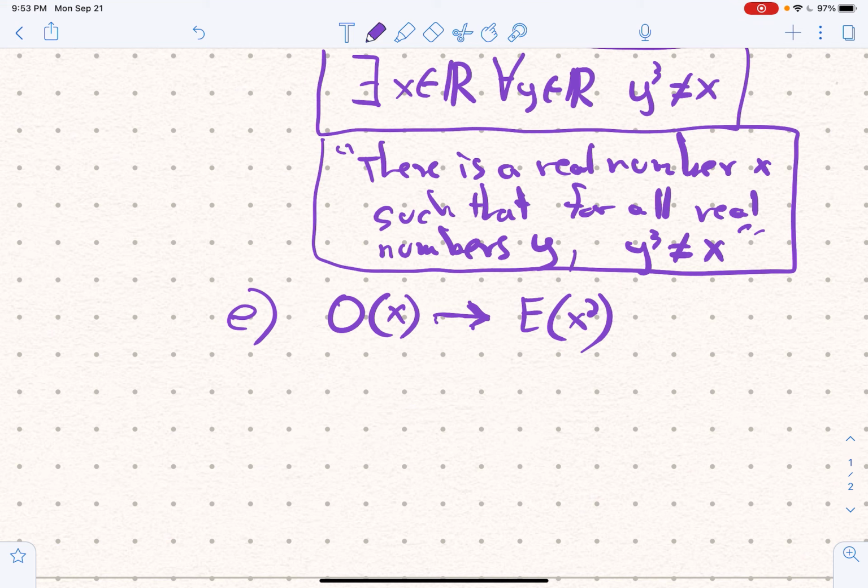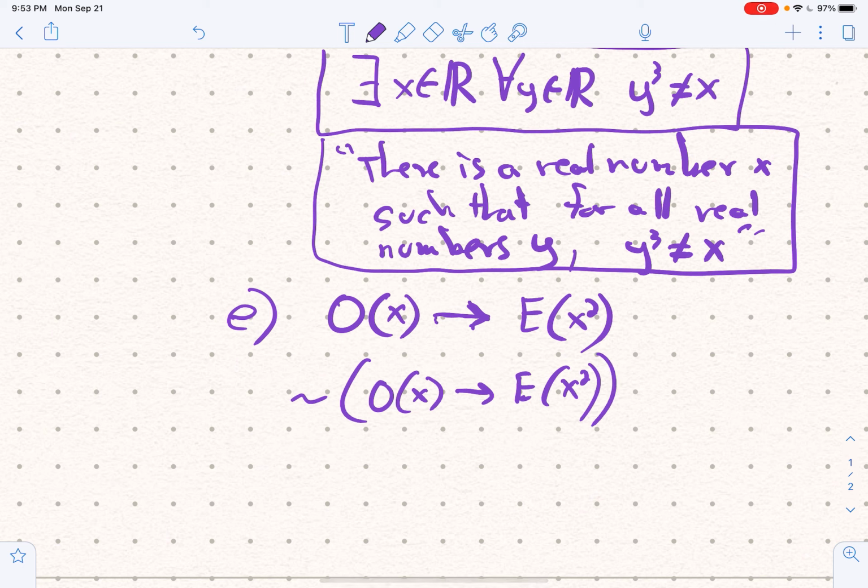Okay, so let's think about what we get if we negate this. If O of x, then E of x squared. Well, here we're going to be using the rule for the conditional, and the rule for the conditional says we keep this one, we make it a conjunction, and then we have not this one. So this is x is odd, and x squared is not even. You might go a step farther and say x squared is odd, because not even means odd, but we don't know for sure that not even things are odd things.